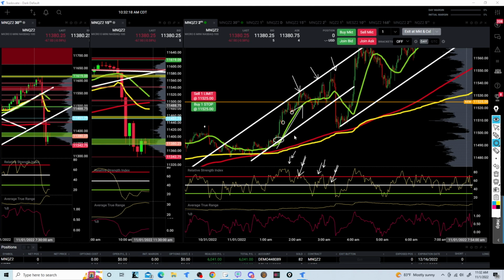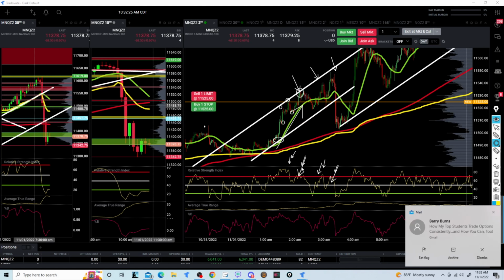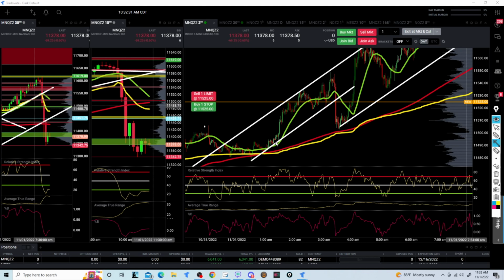Okay. You never want to be buying to go long really far away from it. Because price always goes away from the 20 and likes to pull back to the 20.